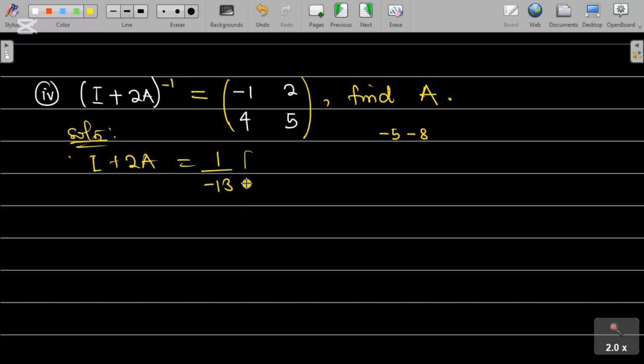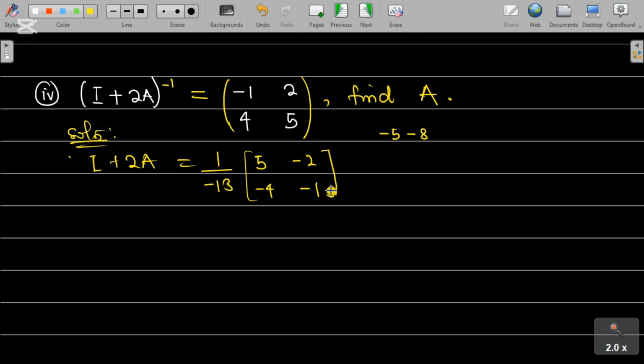Then in brackets you will have this interchange to give you 5 and -1, while you attach minus on all of this, which will be -2 -4. You can keep that there.